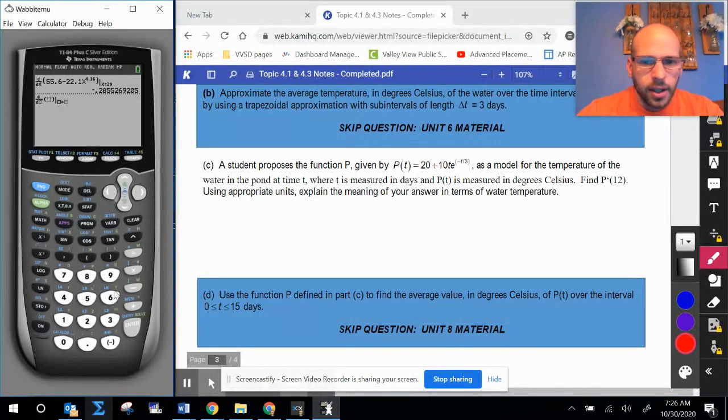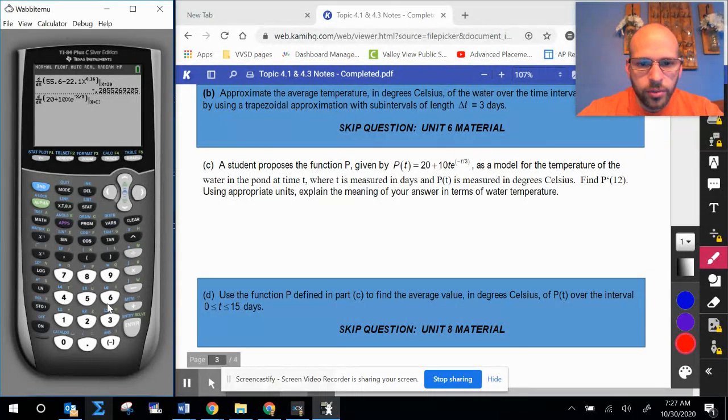I'm going to take the derivative of, I'm going to use x's, 20 plus 10x times e to the negative x divided by 3 power.